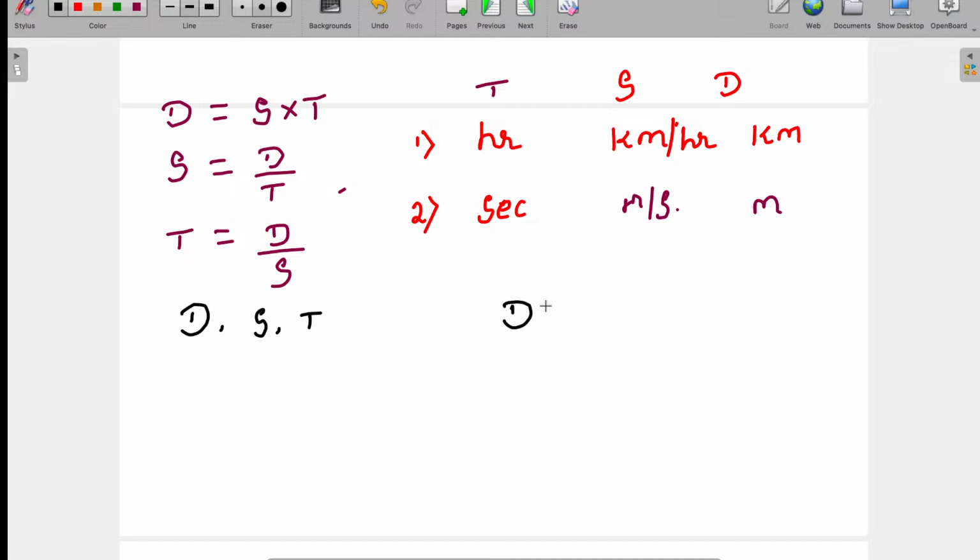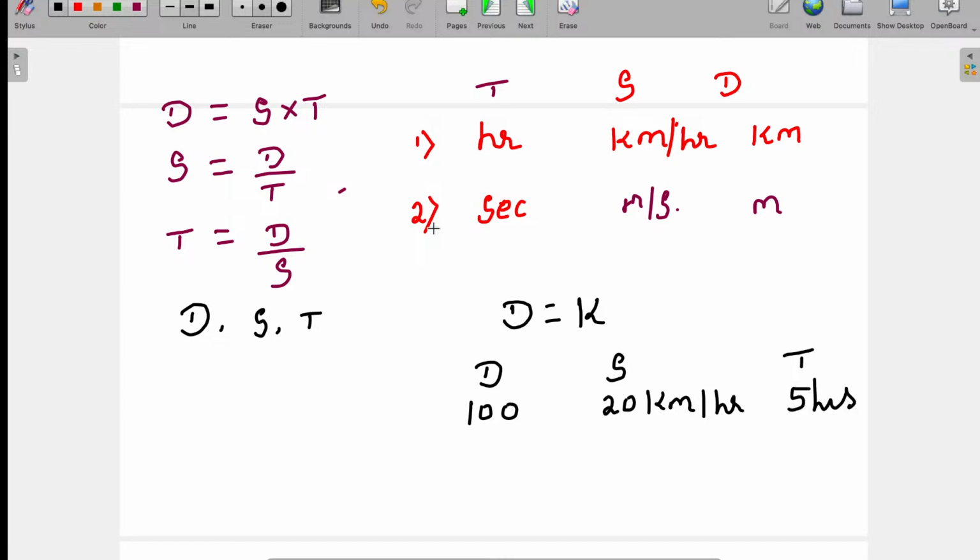If distance is constant, say distance is 100 kilometer we have to travel, and the speed of the car or any object is 20 kilometer per hour, then how many hours will they take? 5 hours they will take.